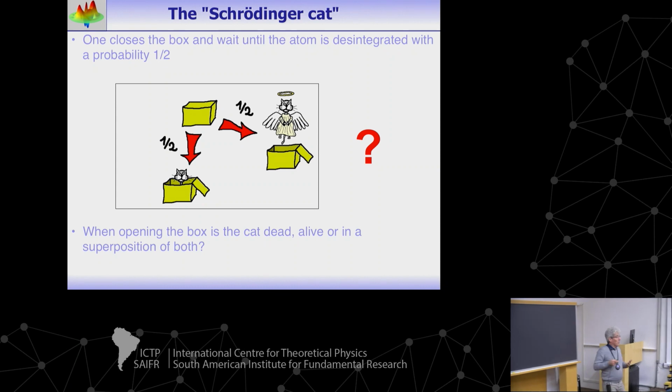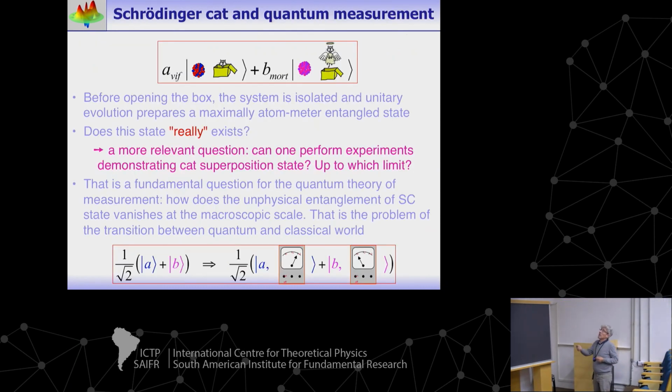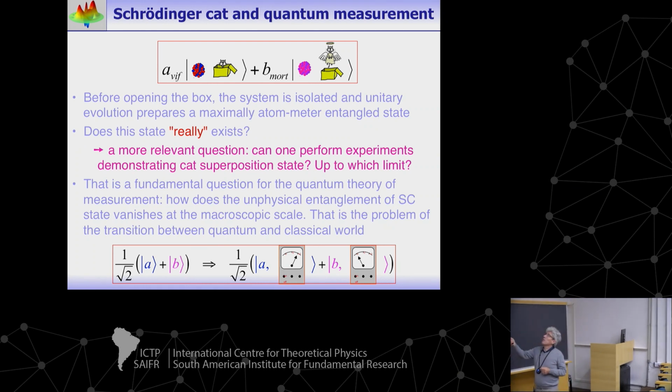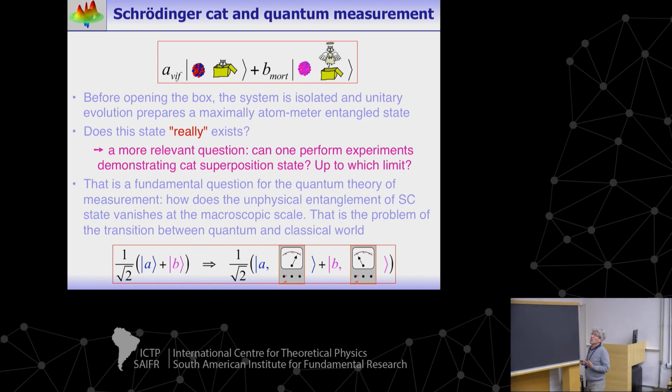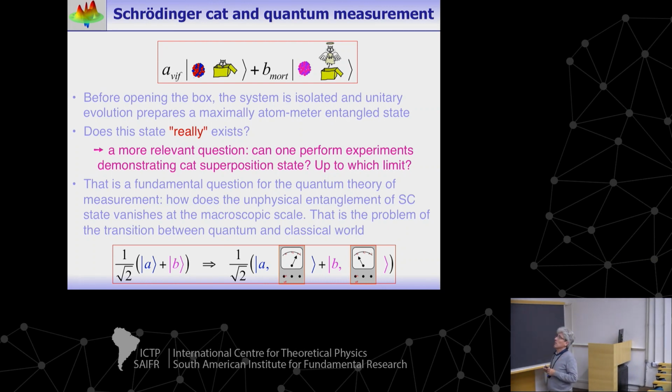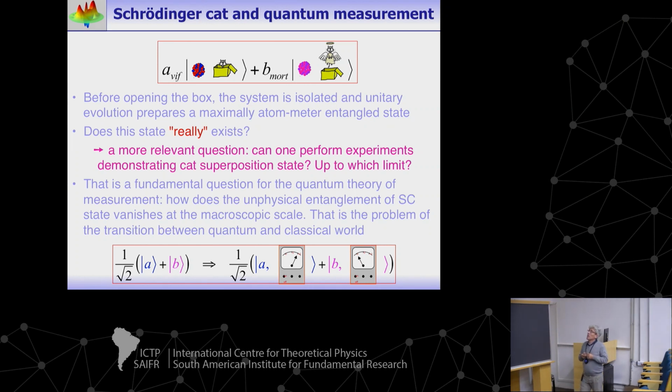So if the box is isolated, you expect that after a half-lifetime, you built in the box a quantum superposition, a coherent superposition of the two eventualities of this experiment, either no disintegration, and the cat is there, still happy, or disintegration. And that's just what the Schrodinger equation tells.